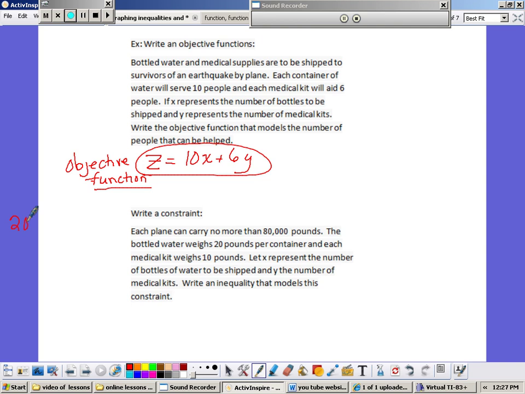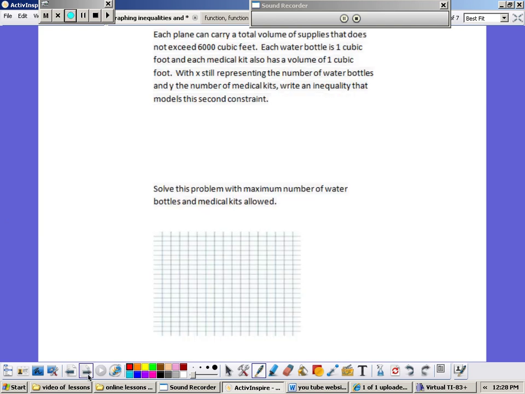So 20 pounds for the water and 10 pounds for the medical kits has to be less than or equal to 80,000. There's my first constraint: 20x plus 10y is less than or equal to 80,000.